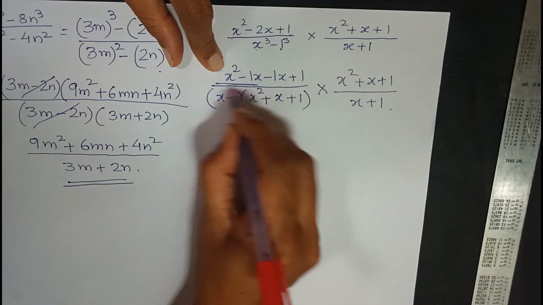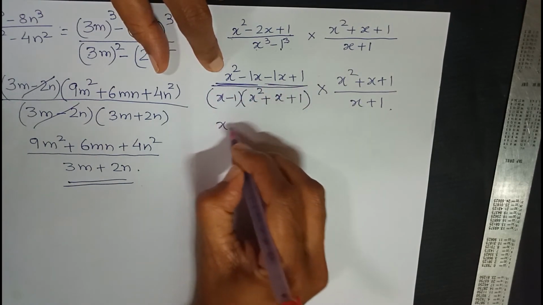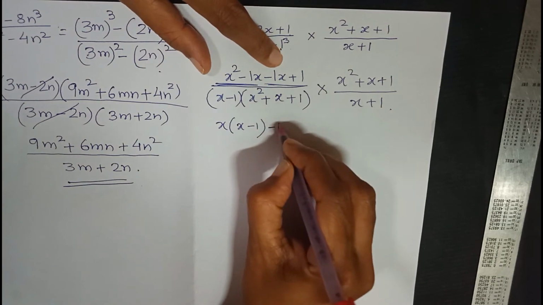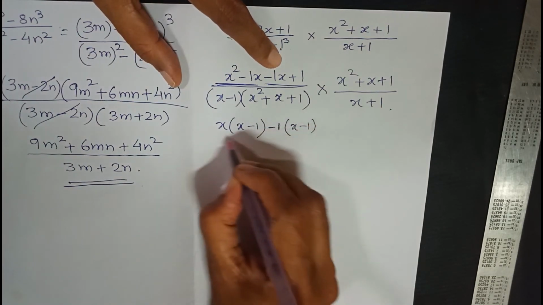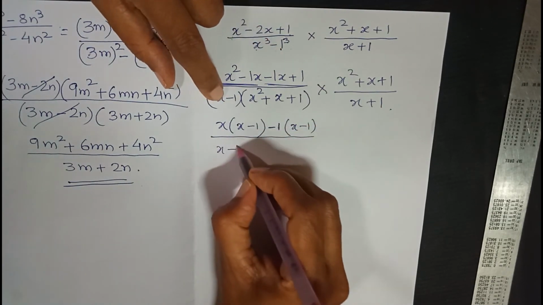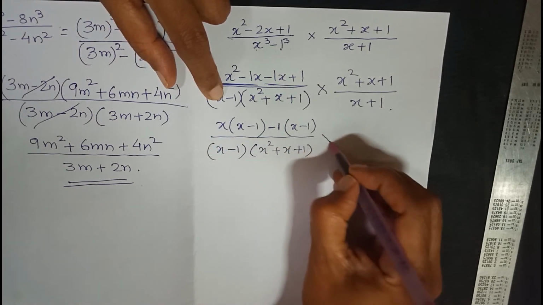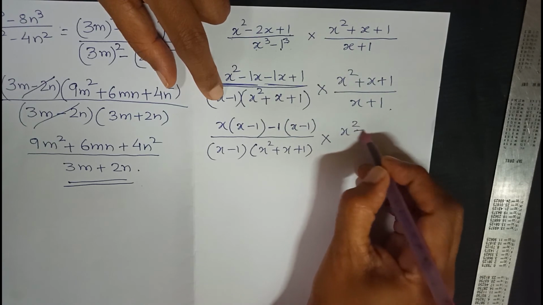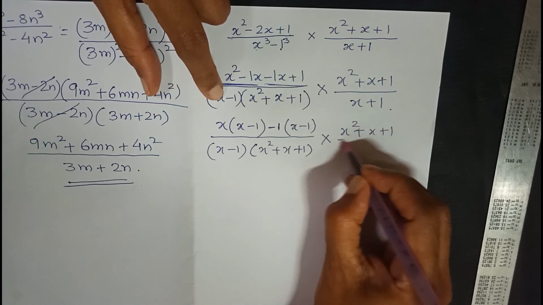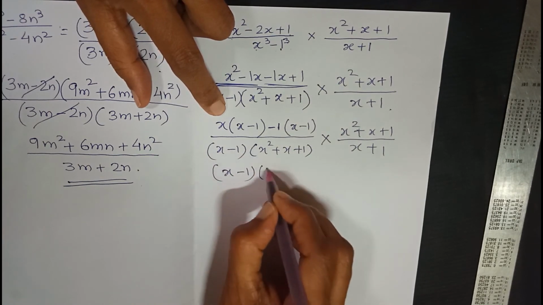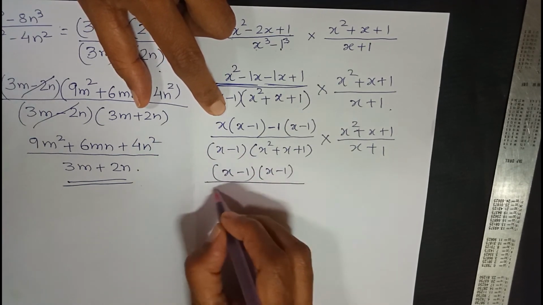Now we will take two terms at a time and remove common. So from here I can remove x common, so x minus 1. From here I can remove 1 common, so x minus 1. Now we will leave this as it is. Every time you have to write the entire step. So we make two brackets here now, x minus 1 upon.